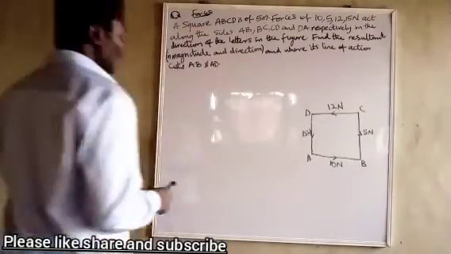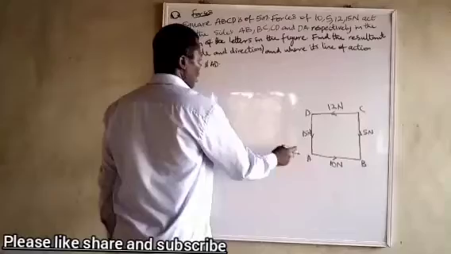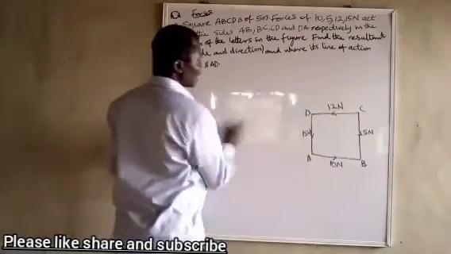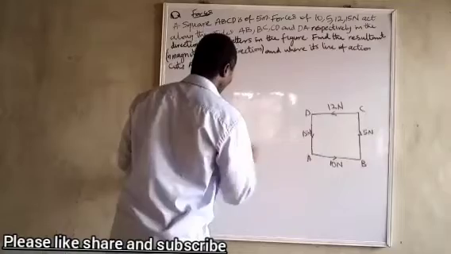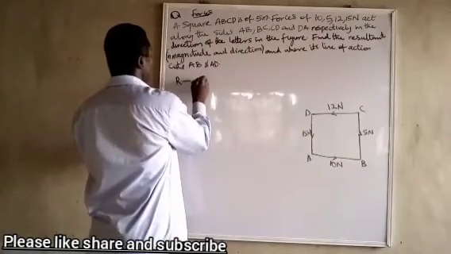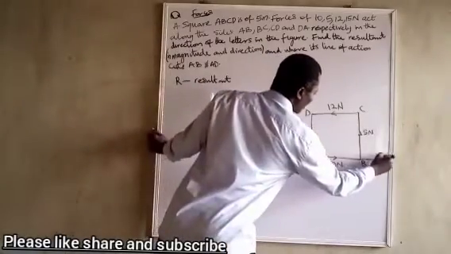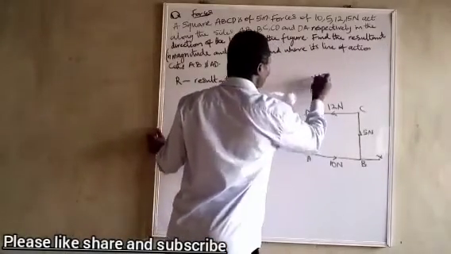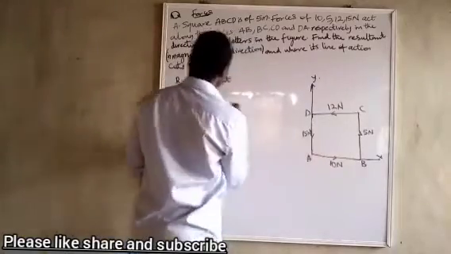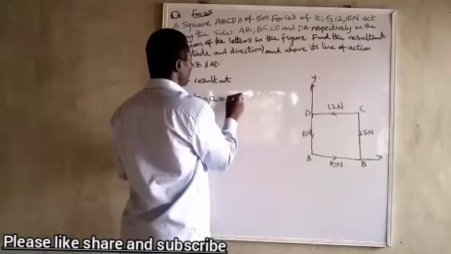Now we have our square, and the dimension is 5 by 5. For us to find the resultants, let us find the horizontal and vertical components. Let's say R is the resultant, and let's make this X and this place Y. So Rx is equal to 10 minus 12, which is minus 2 Newton.